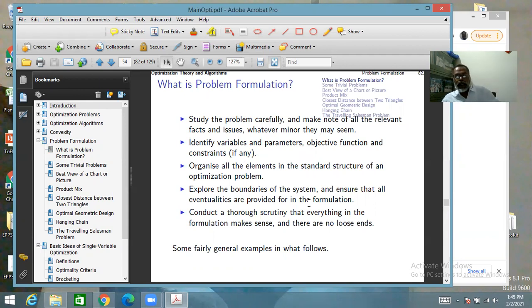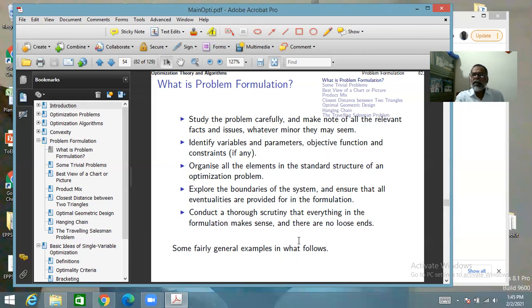And it is important to do this carefully, do this well. You owe it to yourself that whatever problem you are going to solve, you formulate it thoroughly, and then the optimization methods that we discuss in the course will be actually used or be useful.